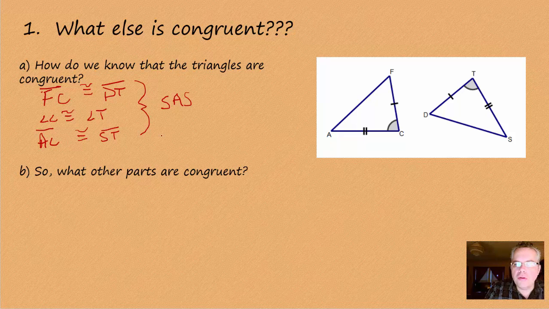So now we can conclude that, for instance, angle F up here is congruent to angle D. We didn't know that before, but because now we know the triangles are congruent, we know that those angles are congruent. We know that angle A is congruent to angle S, so we know these two are congruent now. We didn't know that before.